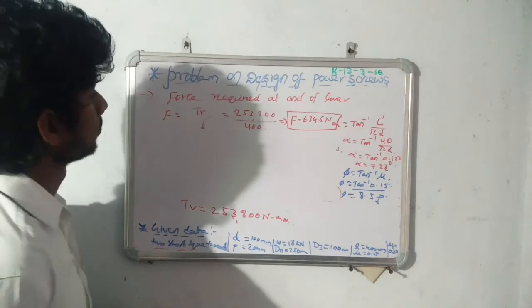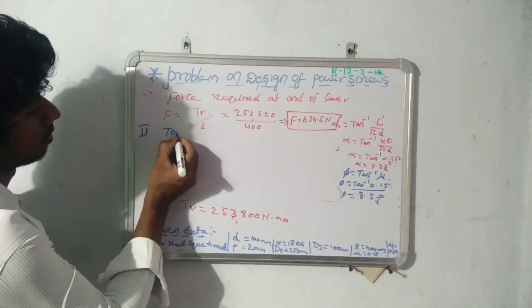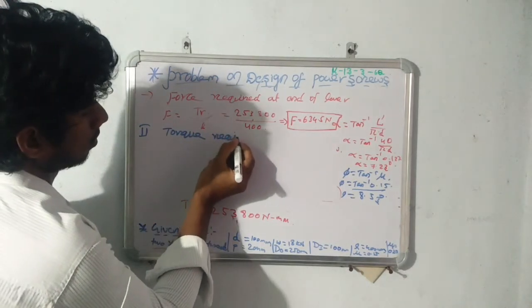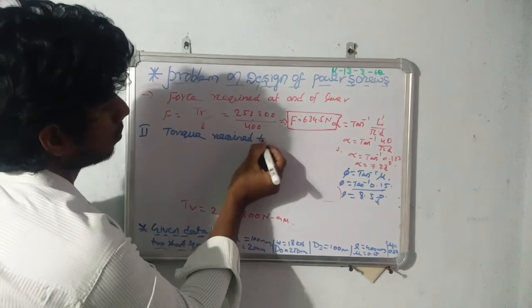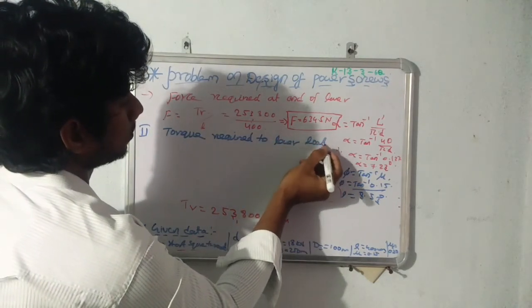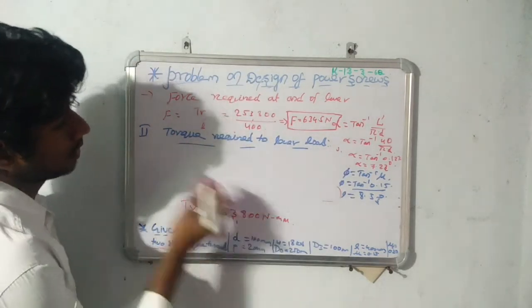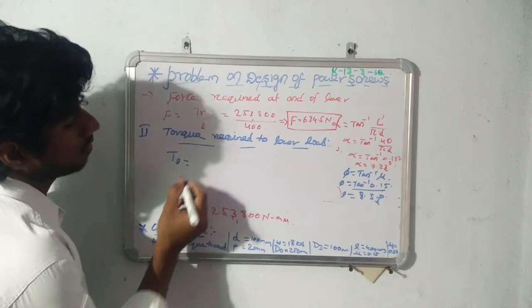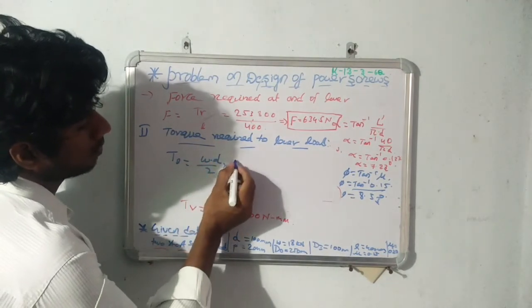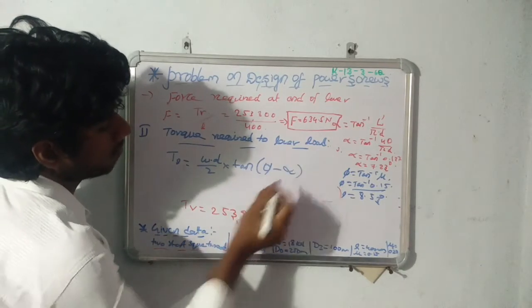Torque required to lower load condition. The TL equals W into d by 2 into tan of phi minus alpha.